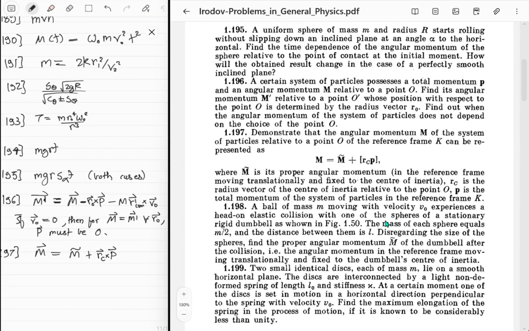The mass of each sphere equals m, distance L. Disregarding the size of the spheres, find the proper angular momentum m vector of the dumbbell after the collision, i.e. the angular momentum in the reference frame moving.